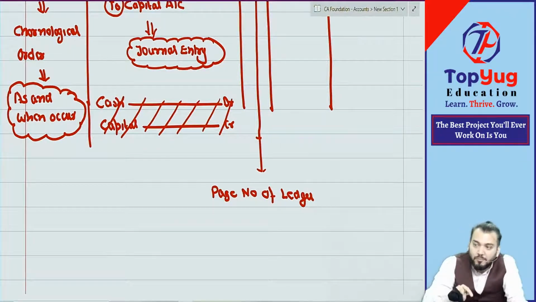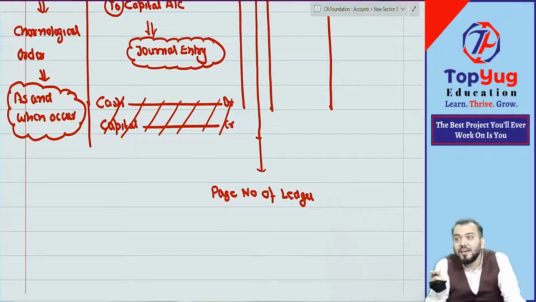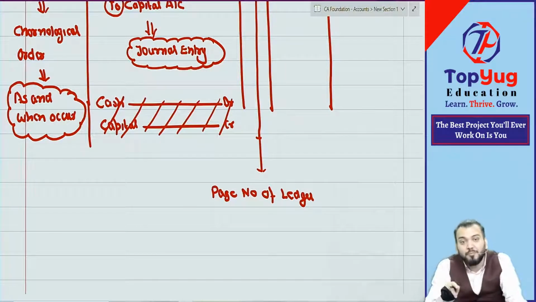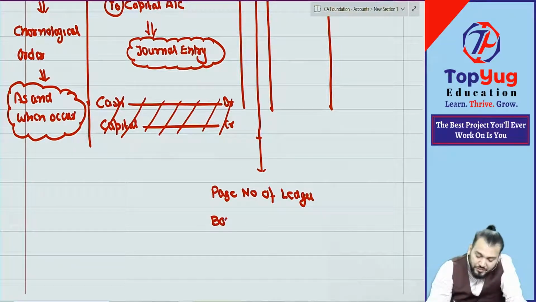So from journal we do recording where? In ledger. So this transaction will once again be posted in the ledger book. So we need to just write down a reference. This transaction is posted in this page number of the ledger book for quick reference.